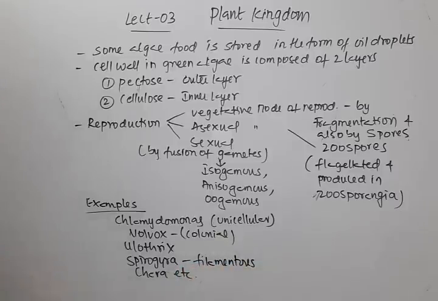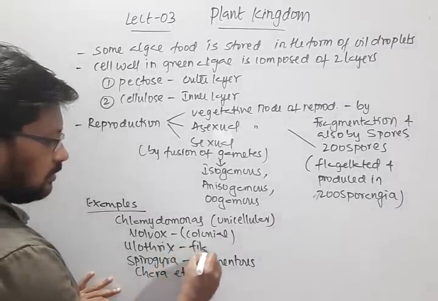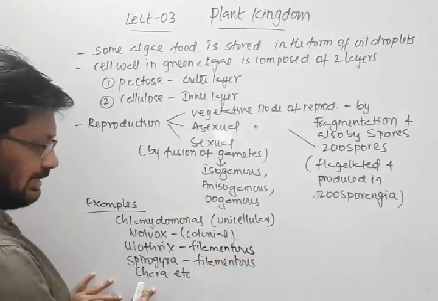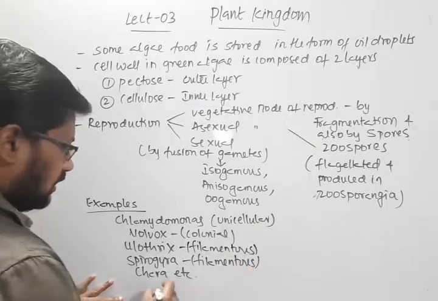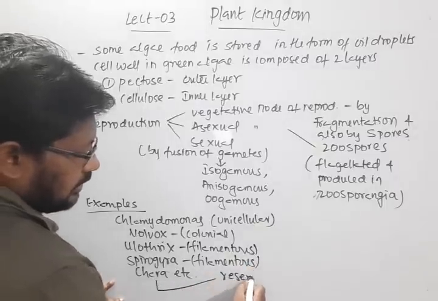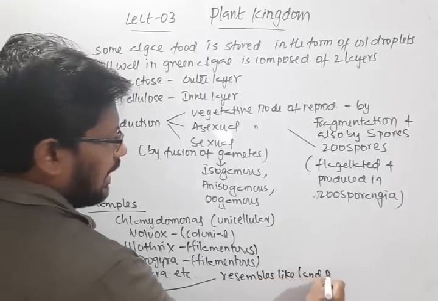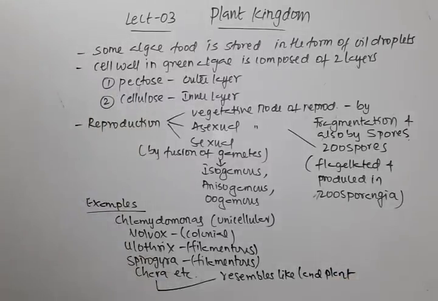So this is a filamentous form, and this is also filamentous. Whereas Chara is not a filamentous form. This one resembles a land plant, with stem-like and leaf-like structures you will see.